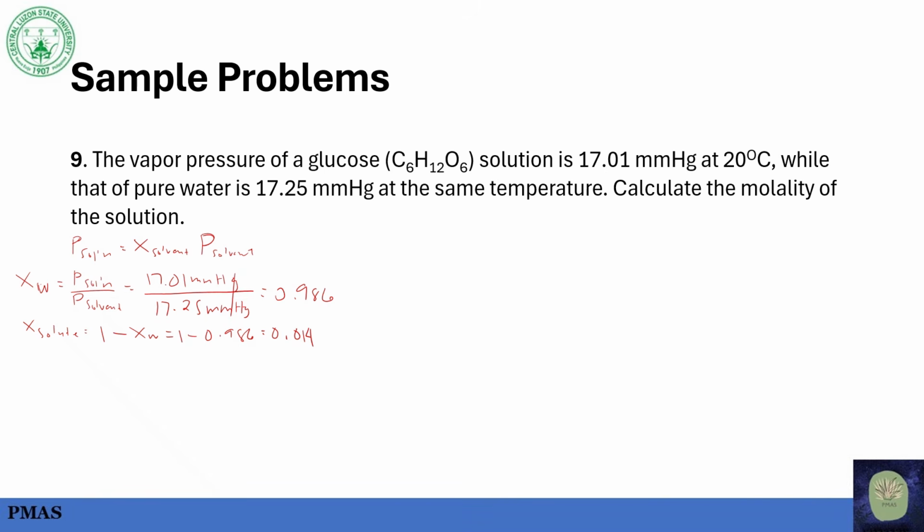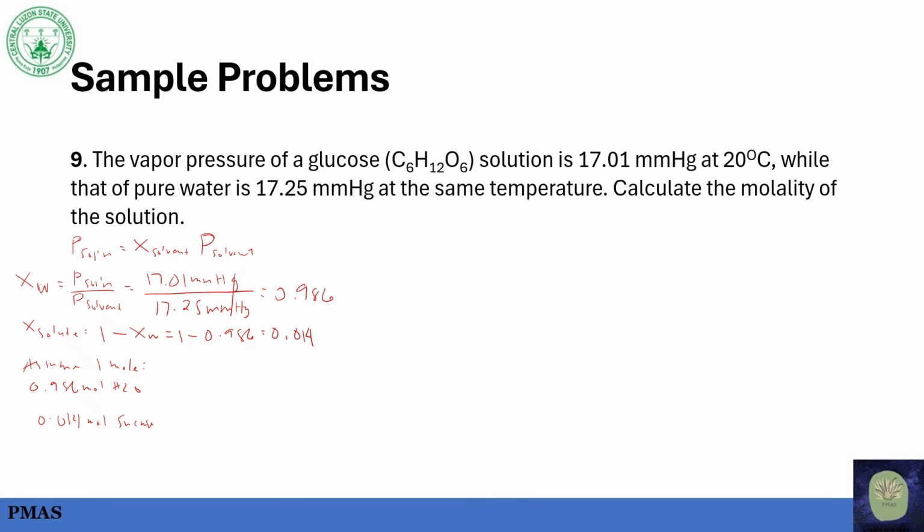So if we assume 1 mole for ease of calculations, we will have 0.986 moles of water and 0.014 moles of sucrose.